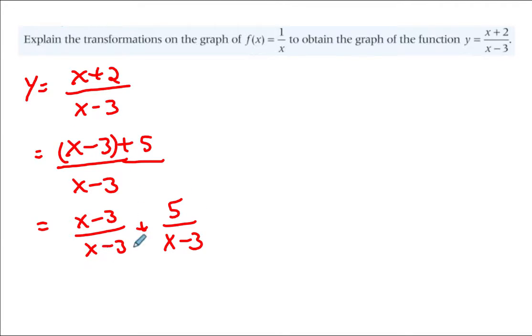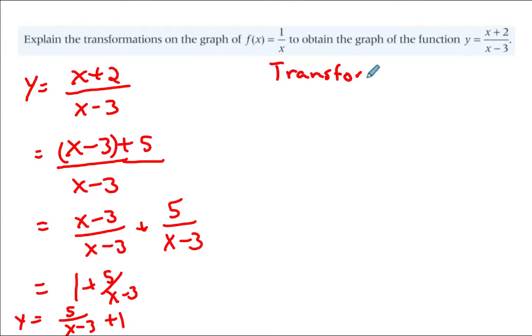And notice that we always have that denominator, so we're going to get 1 plus 5 over (x minus 3). So I can rewrite this in transform form as y equals 5 over (x minus 3) plus 1. So this will easily let me identify my transformations.